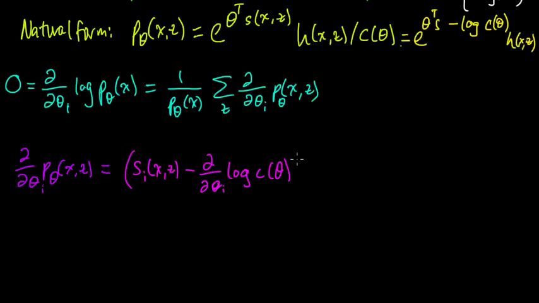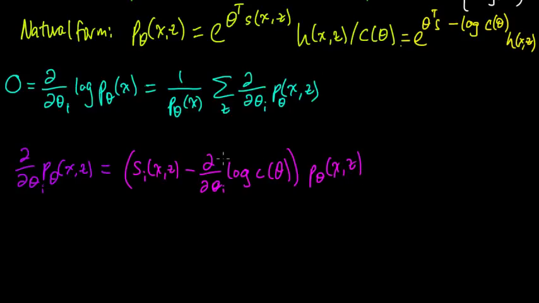That's the derivative of the exponent, and then we keep the original thing, times h of x and z. And that is, of course, just the probability of x and z.